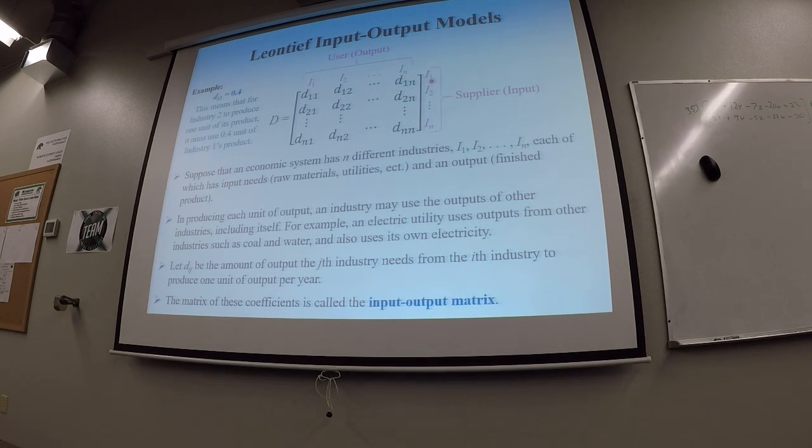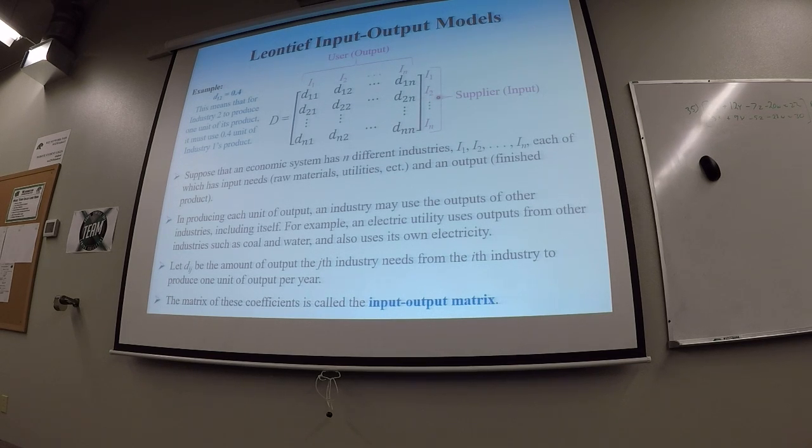So why is it 1, 2? This is just an example showing you what it means if this one right here was 0.4. Right, but the 1 and the 2, is that not the row and the column? It is the row and the column. Yep. So if it was 2, 2, it'd be right here, and it would say that industry 2, for 1 unit, needs 0.4 of materials from itself.